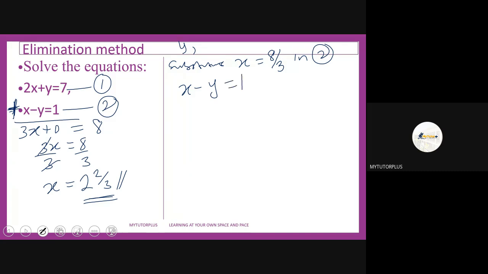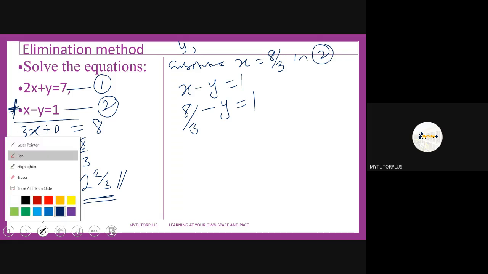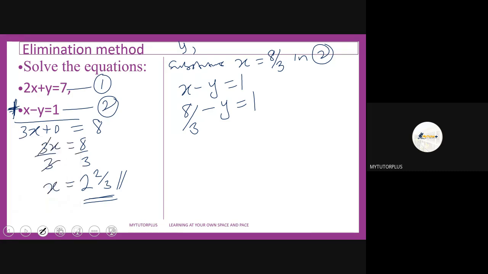Equation 2 is x minus y is equals to 1. And we have gotten the value of x here to be equals to 8 over 3. So I'm going to have 8 over 3 minus y is equals to 1. Then I want us to look at something here. Two ways actually. If I want to collect the like term, since y is having negative term, the easiest thing to make work easier for us is to take y to the right hand side and take 1 to the left hand side.